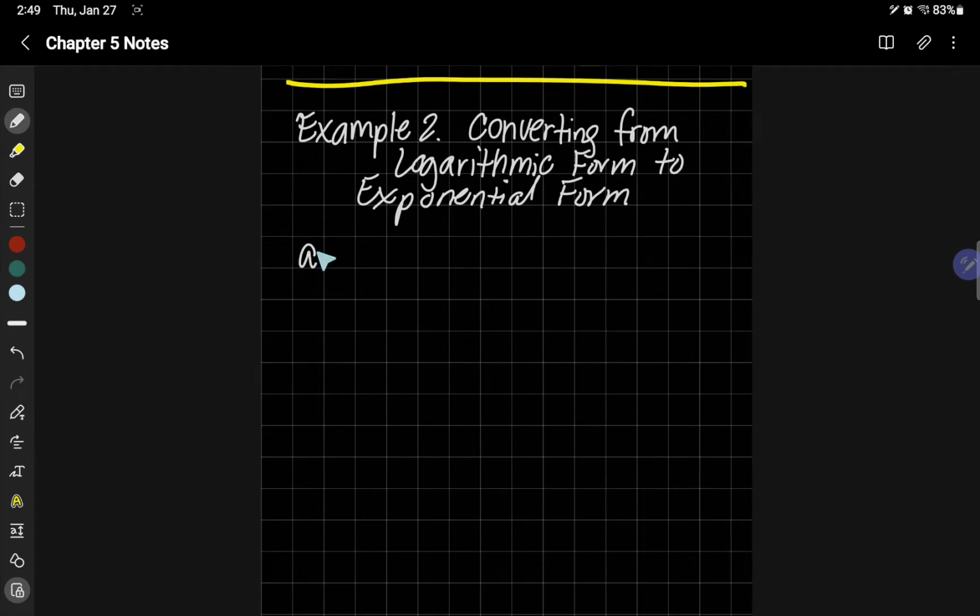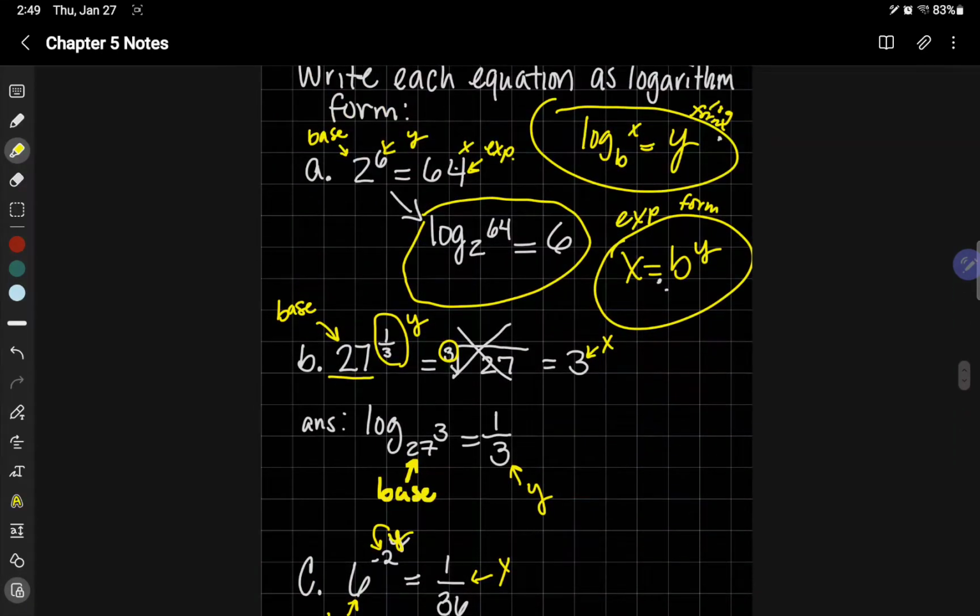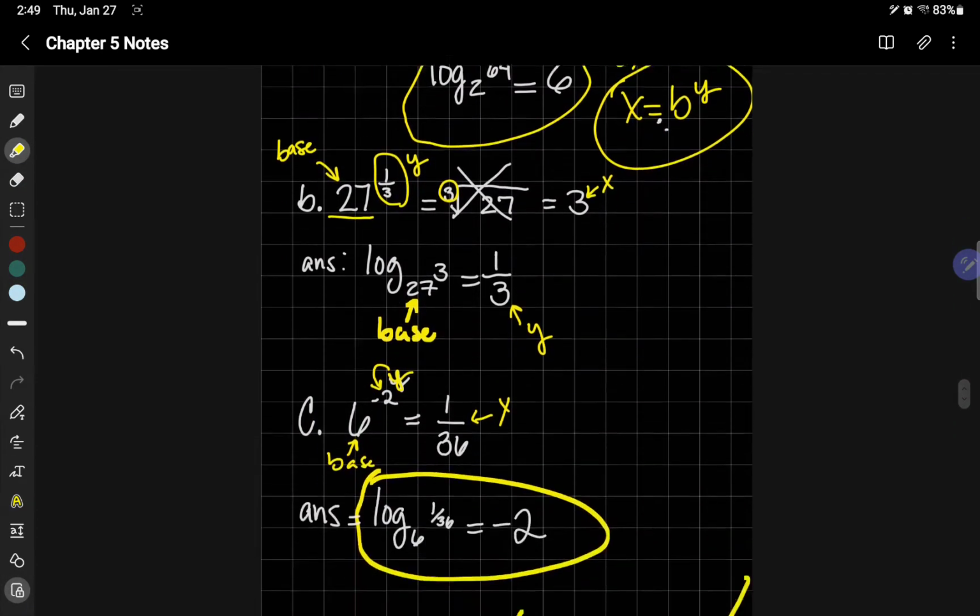So it shows that the log is 5, and I have this 125 equals 3. So now we're going to take this and put it into exponential form. So we have to remember that we have this x equals b to the y.